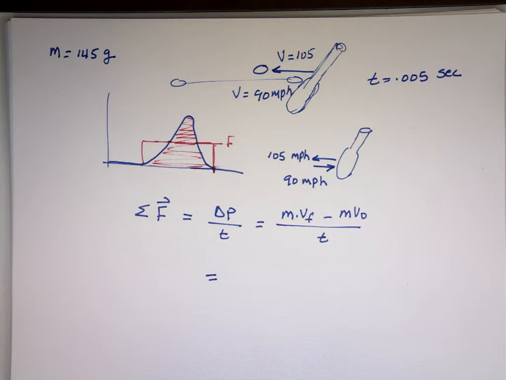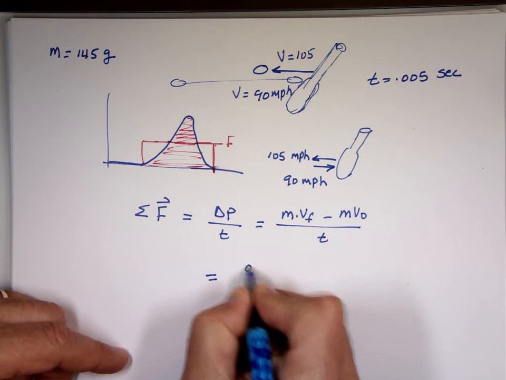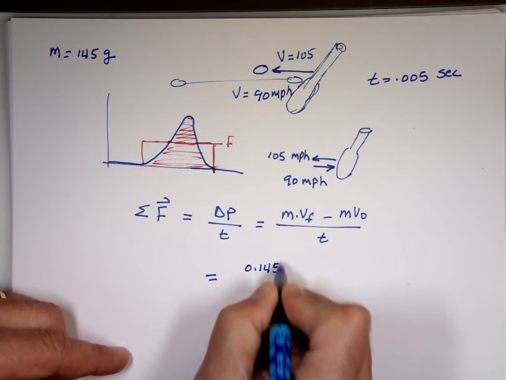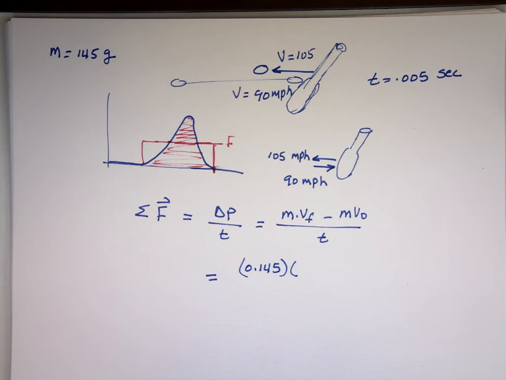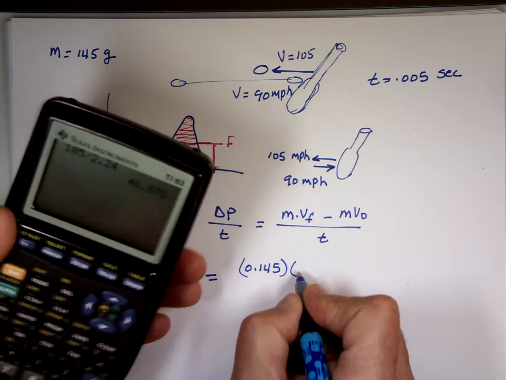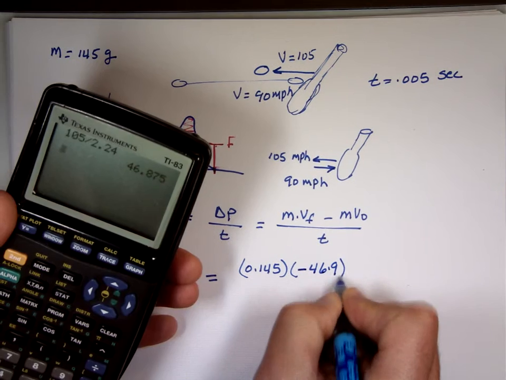So it's going to be the mass, which is 0.145, times the final velocity. The final velocity is 105. I've got to change that to meters per second. That's miles per hour, so you divide it by 2.24. It's 46.9. There will be a negative 46.9. Why negative? Which way is it going? To the left, right?